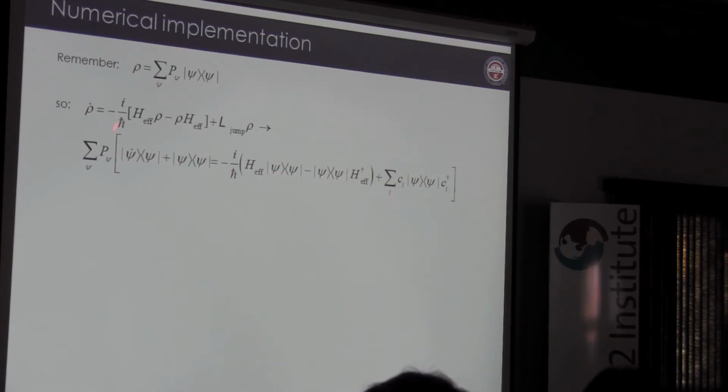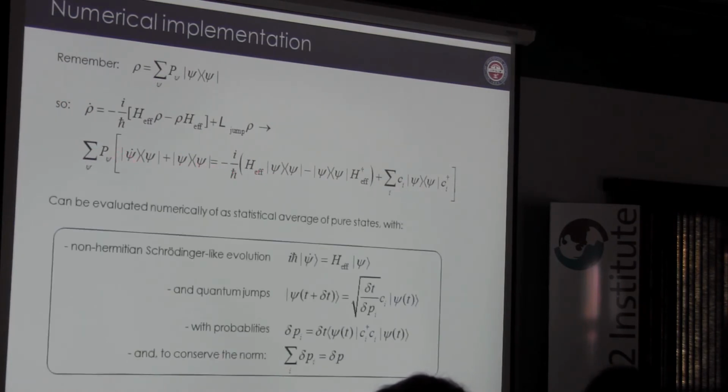I can act on the system with these operators on both sides, and then you can peel apart your density matrix and look at a particular one of these wave functions as it evolves in time.